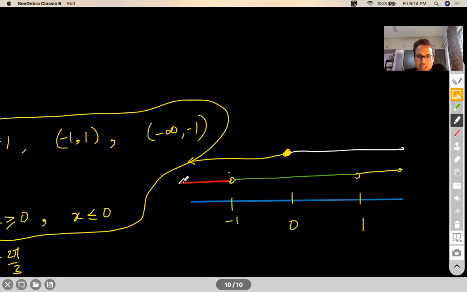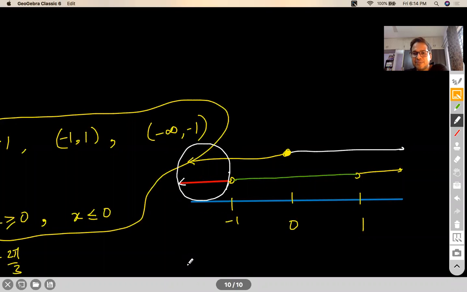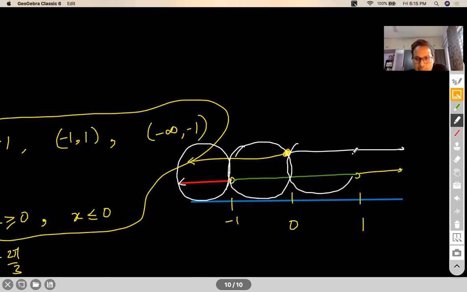Okay. Now all of you please pay attention. In this zone, the behavior of both the functions will be different. In this zone, the behavior will be different. In this zone, the behavior will be different, and in this zone, the behavior will be different. Okay, so you will have 4 conditions coming up. So this will be 4 cases coming up in this question.